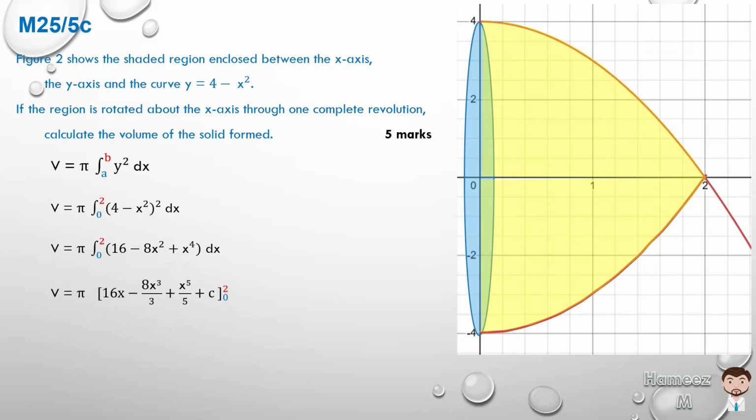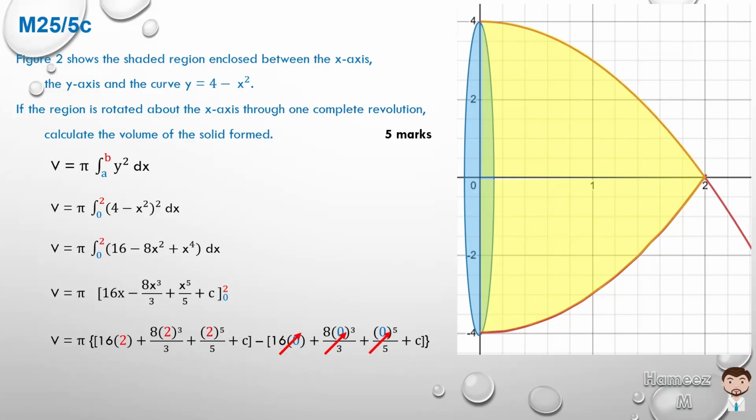So if we substitute, y is equal to 16 by 2 minus 8 by 2 cubed on 3, plus 2 to the 5th on 5, plus c, minus 16 times 0, plus 8 times 0, plus 0 to the 5th, all those going to disappear. So anything multiplied by 0 will disappear.